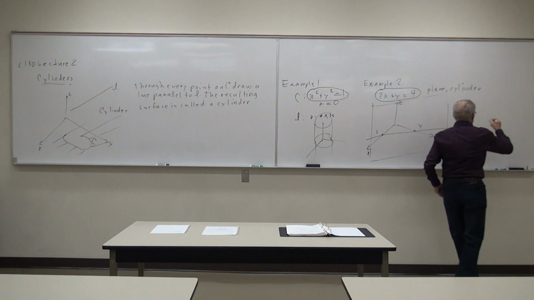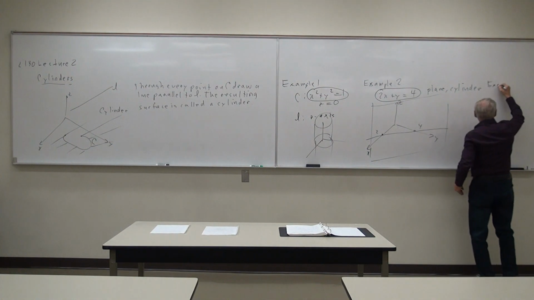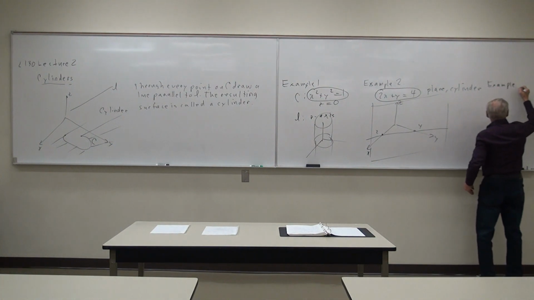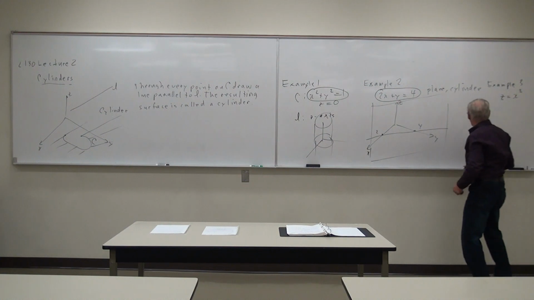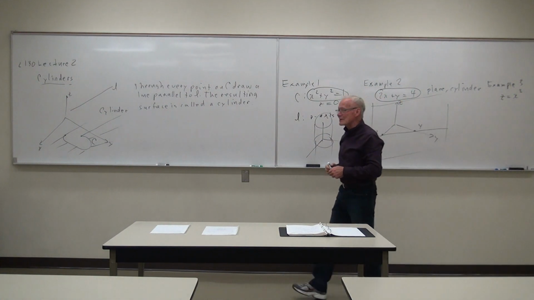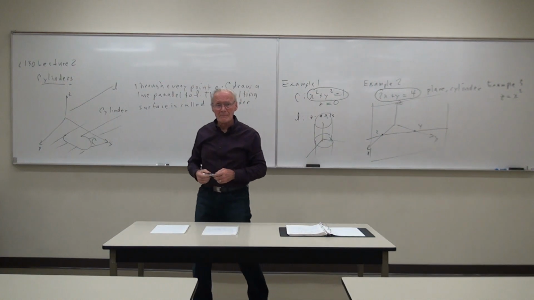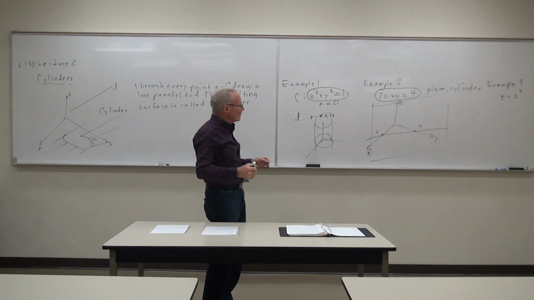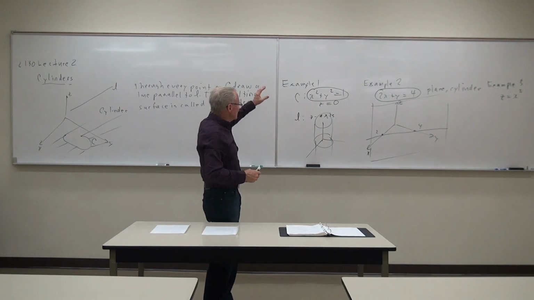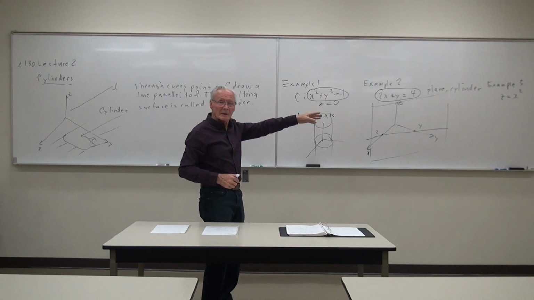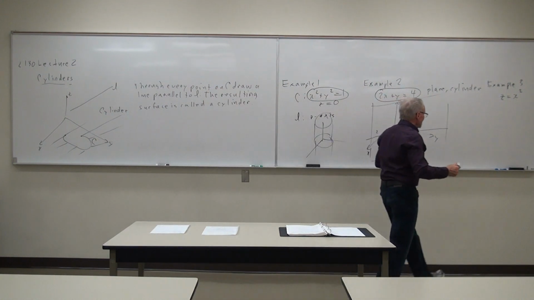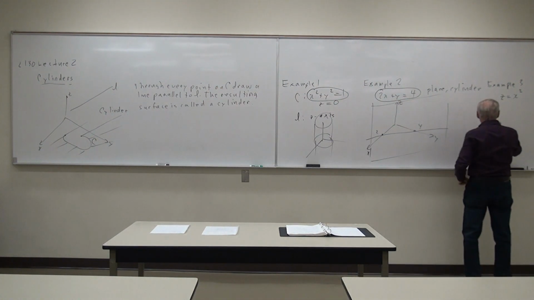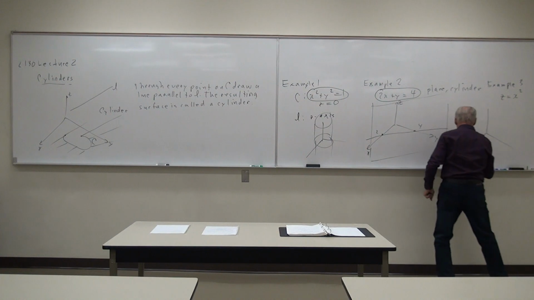Suppose example 3, I gave it z is equal to x squared. Is that a cylinder? Could you regard that as being some curve, somewhere, some line, somewhere, that if you do this, you'll get that thing? The answer is yes. Notice that there's no y here. What does that mean?